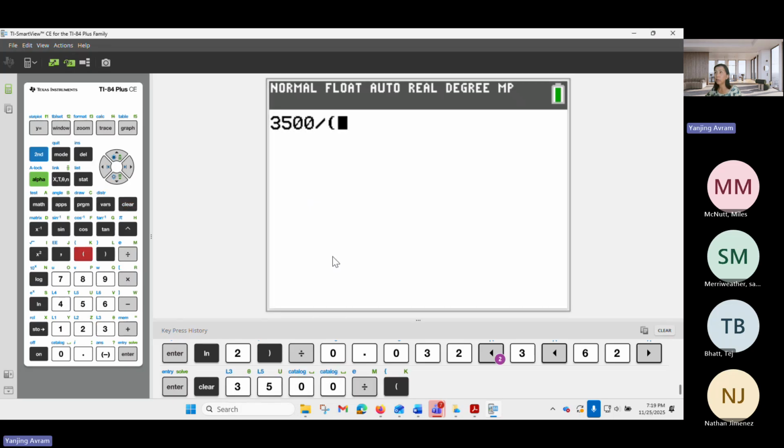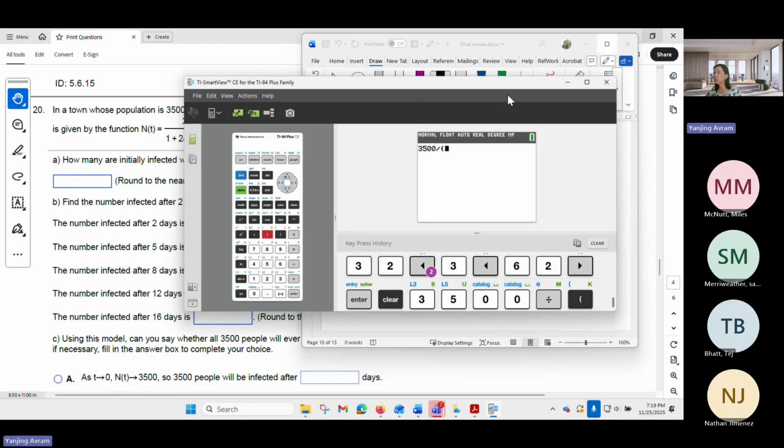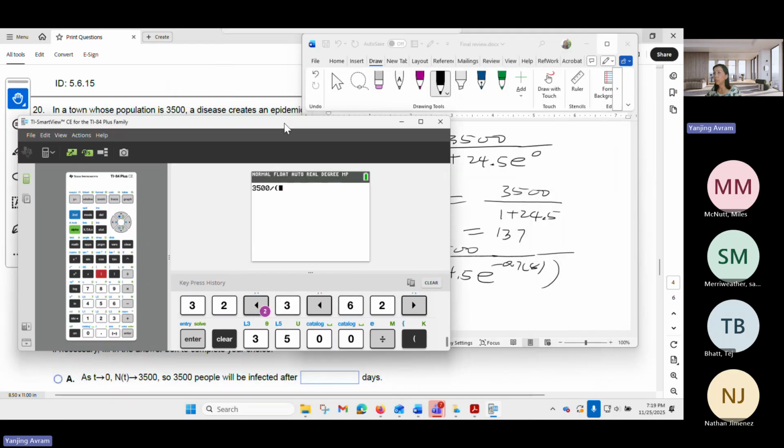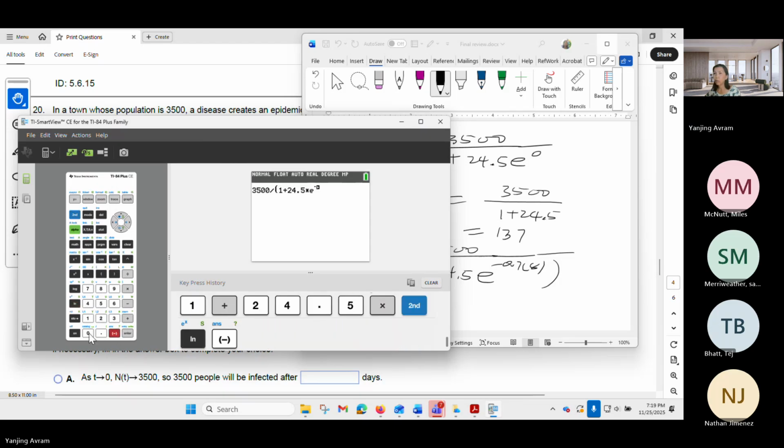All right, first, I need to have a big parenthesis for the entire denominator, okay? And then I have a 1 plus 24.5 times e, second ln is e, all right? E to the negative 0.7 times 8, all right? And make sure I move down and then close my parenthesis. And hit enter.